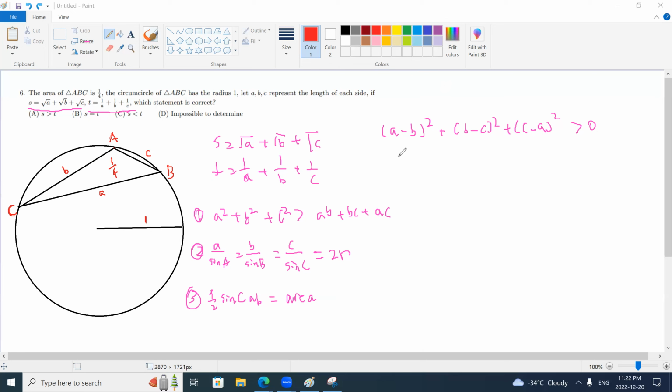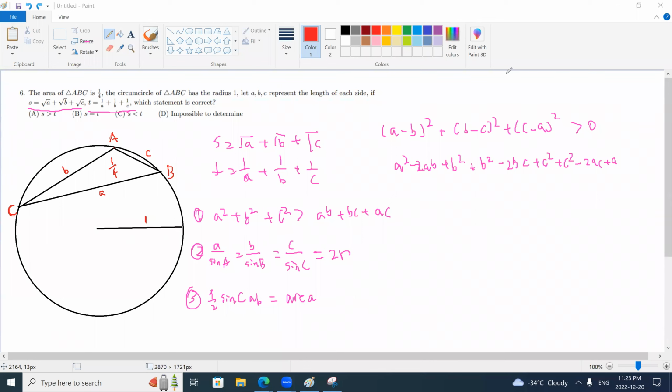Okay, now let's expand this. So a squared minus 2ab plus b squared, plus b squared minus 2bc plus c squared, plus c squared minus 2ac plus a squared.